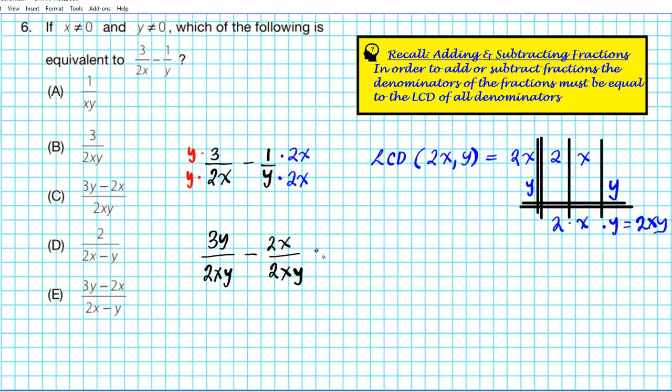So now that the denominators are the same, all you do is you subtract the numerator and keep the denominator. Alright? So our final answer is going to be 3y minus 2x divided by the LCD 2xy. Answer to number 6 is option letter C.